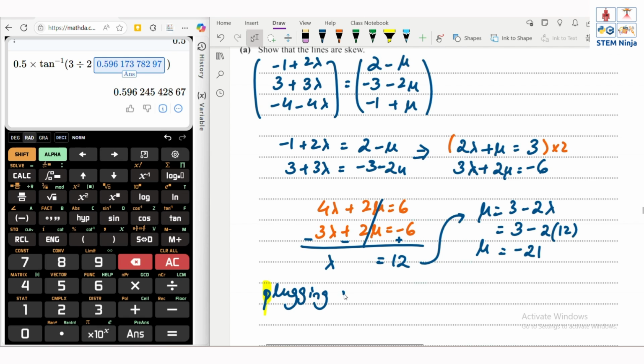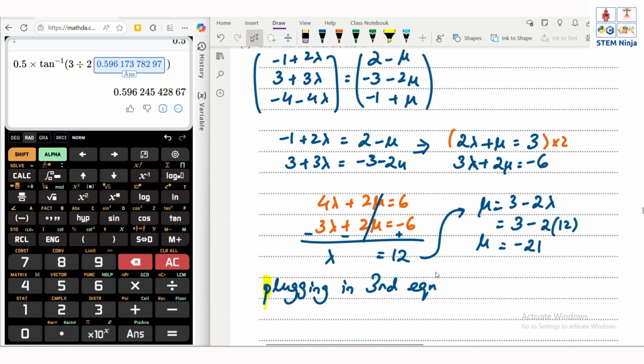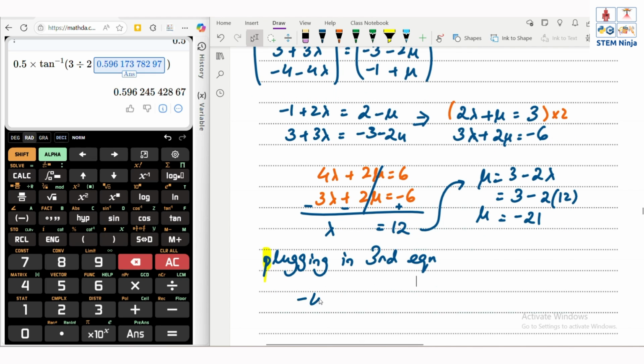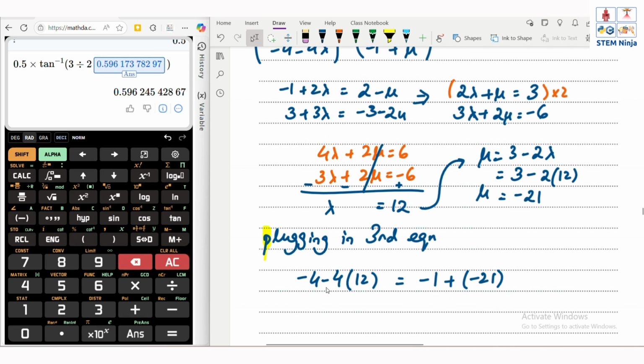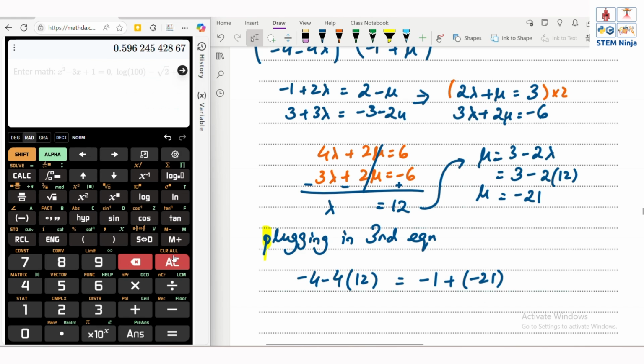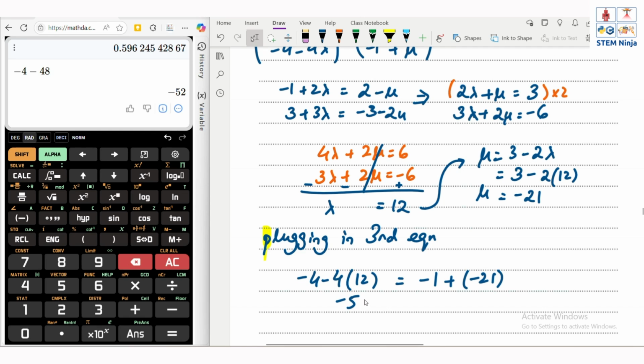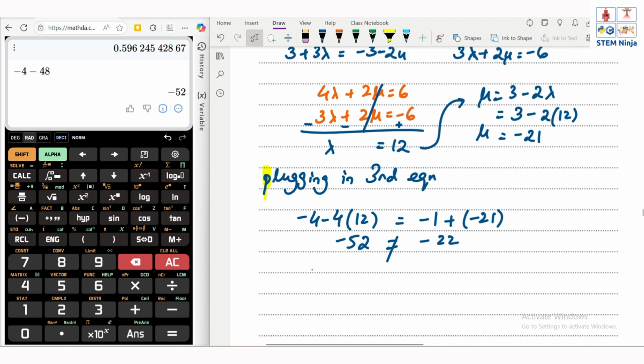Plugging into the third equation, so minus 4 lambda equals minus 1 plus mu, minus 21. So minus 4 times 12 is minus 48, that is minus 52, and that is minus 22, so obviously not satisfied.